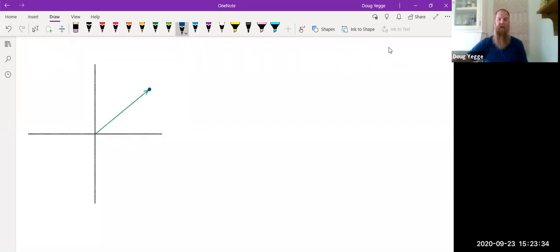So if we now take a look at this vector in the xy plane. If we were to think of this as the xy plane, then notice that point would be the point xy.